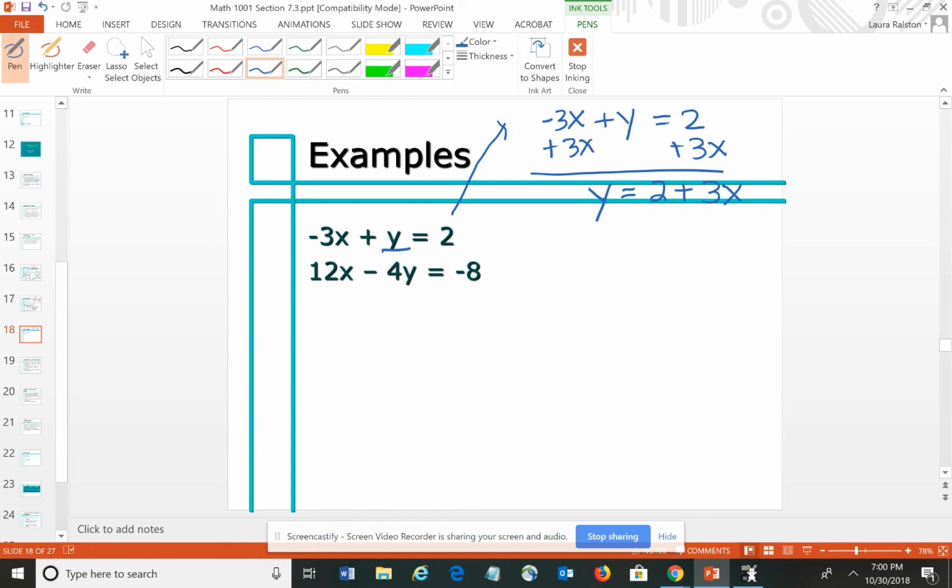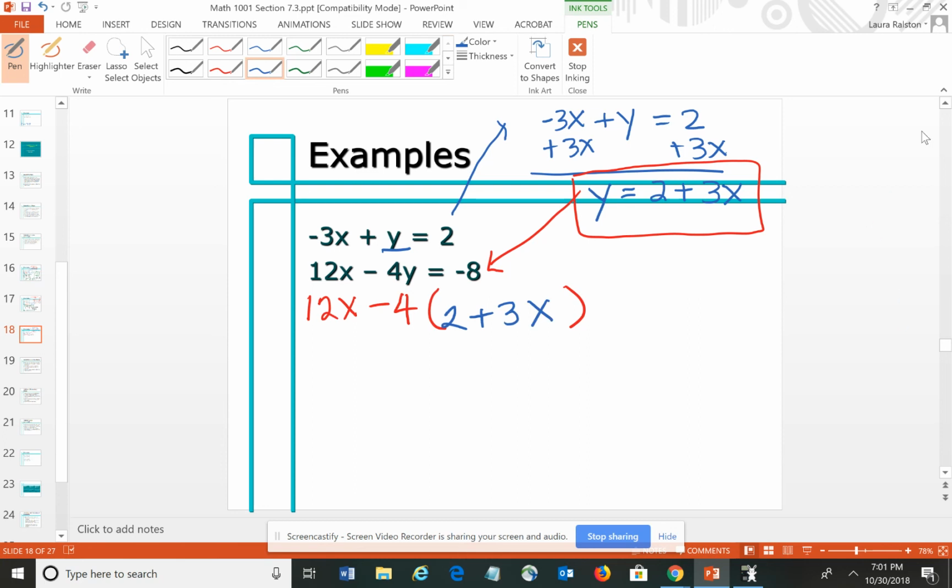Once you have it solved for y, we take that equation and we substitute it into the other one in place of y. So in this case, I would have 12x minus 4 times, and in place of y, we put 2 plus 3x, and that's going to equal -8.